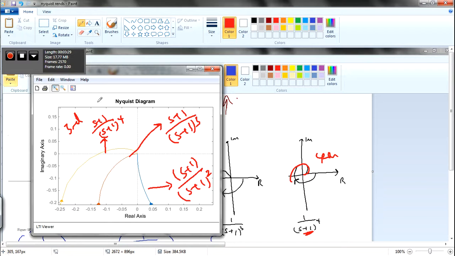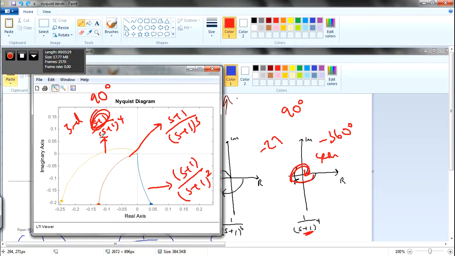So it is plus 90 degrees back. This whole thing is negative 360 degrees, but because the zero s plus 1 contributes a 90 degree increase of phase, it brings it back to negative 270 degrees. This is why it's over here.